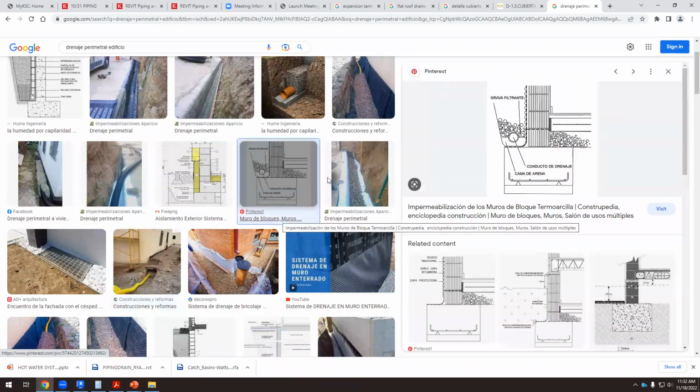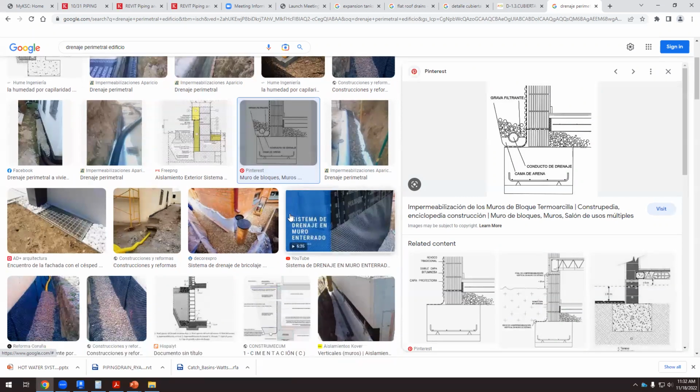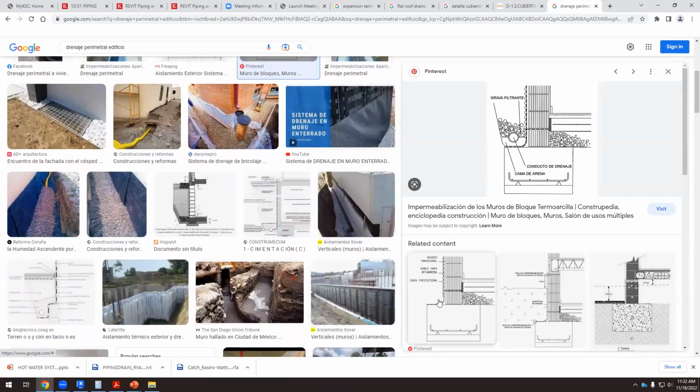So that's the detail. If we have a wall here, we need to extend the waterproofing down to the foundation level, and then we need this duct or pipe so that the water is collected by it and we get rid of it. So do not forget this.